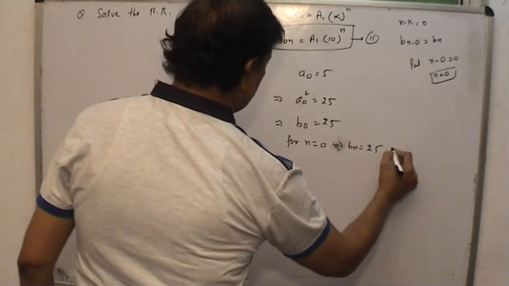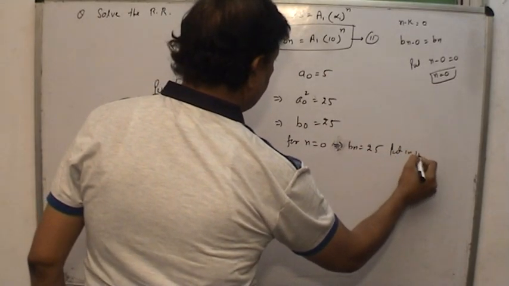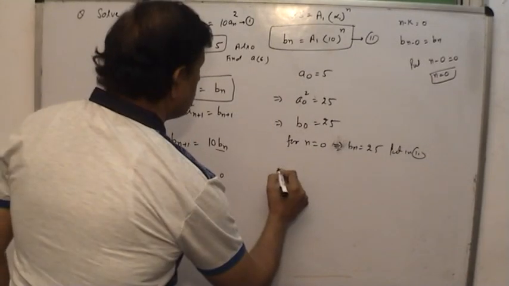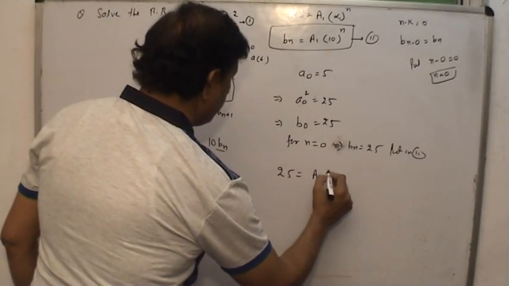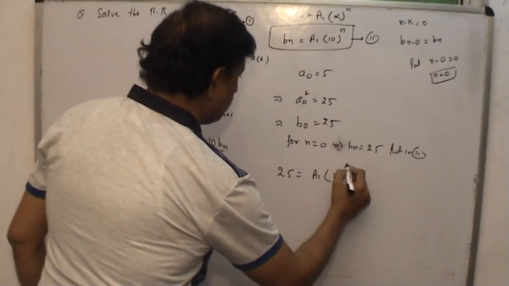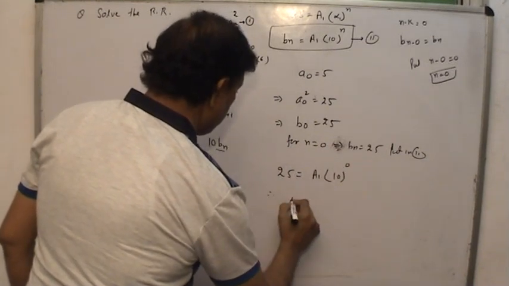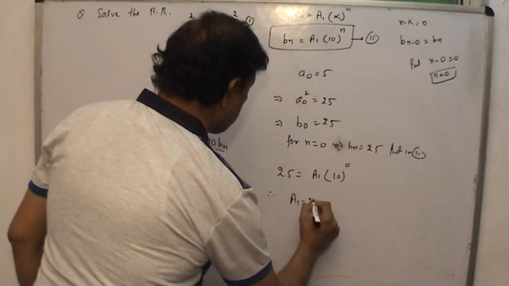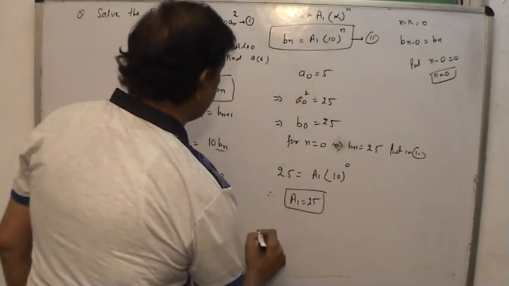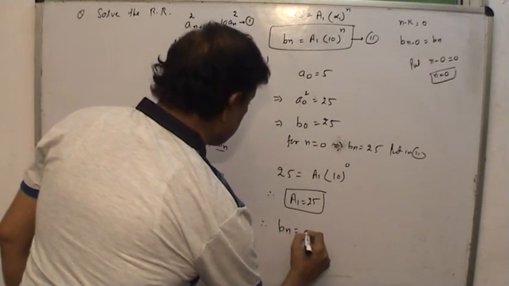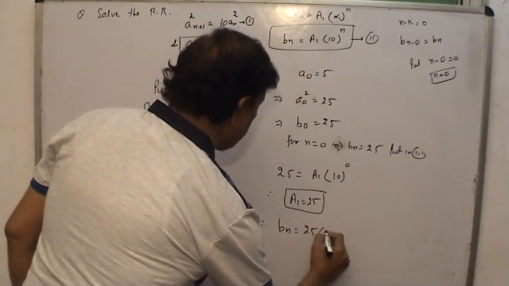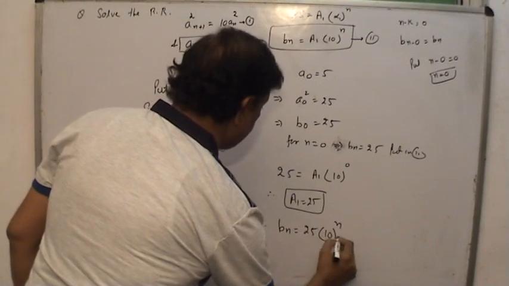We use it in 2. Put in 2. Then 25 is equal to a1 into 10 raised to the power 0. Therefore, a1 is equal to 25. Therefore, bn is equal to 25 into 10 raised to the power n.